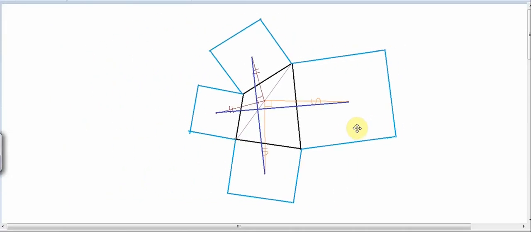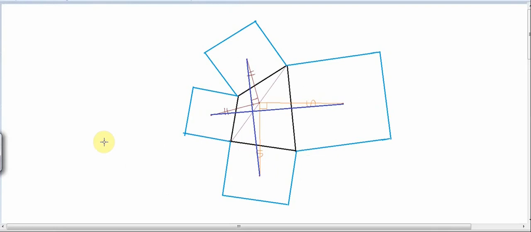Now consider this diagram which you see on the screen. We have a quadrilateral, and on each side of this quadrilateral a square is drawn. The center of the square is connected to the midpoint of one diagonal. So when we connect the midpoint of one diagonal, we have the configuration we just discussed.